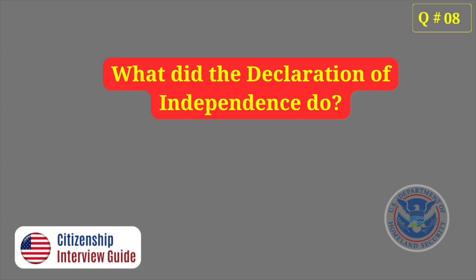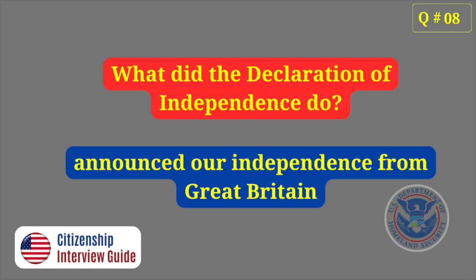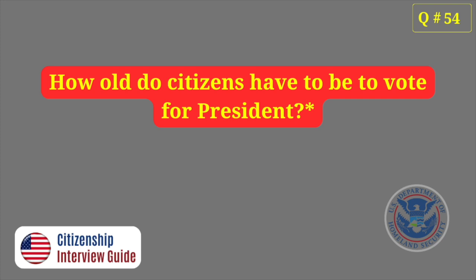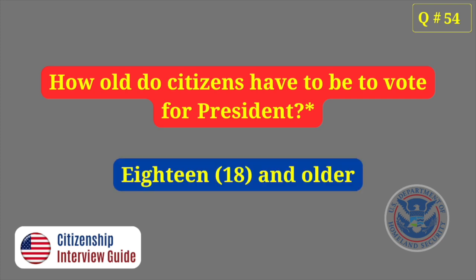What did the Declaration of Independence do? Announced our independence from Great Britain. How old do citizens have to be to vote for president? 18 and older.